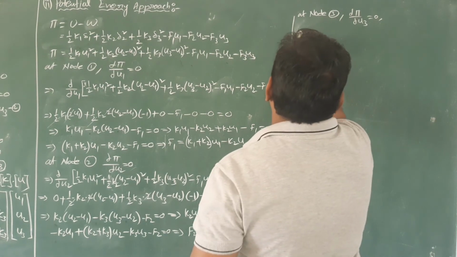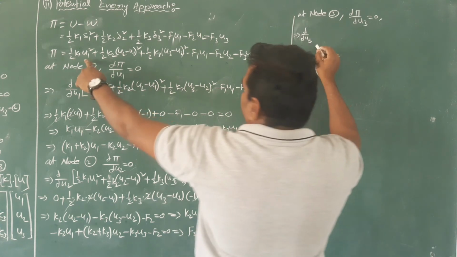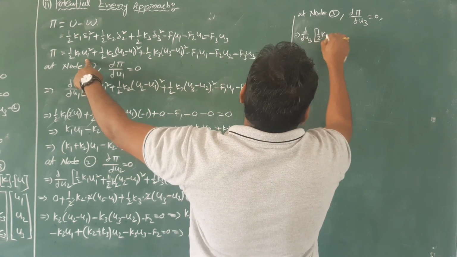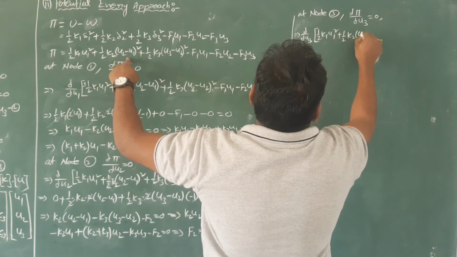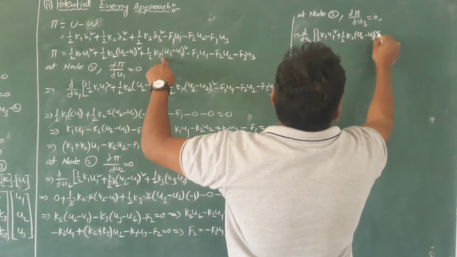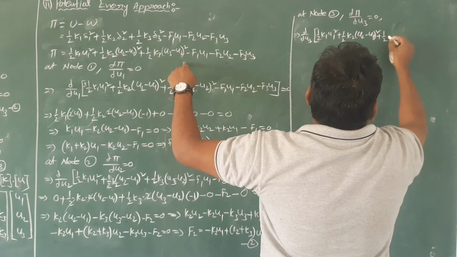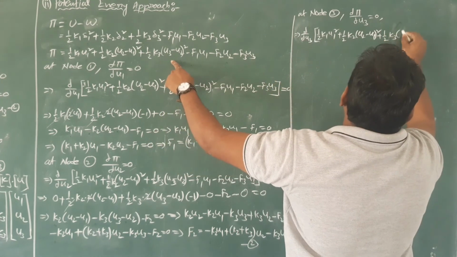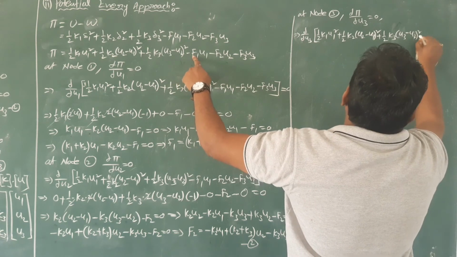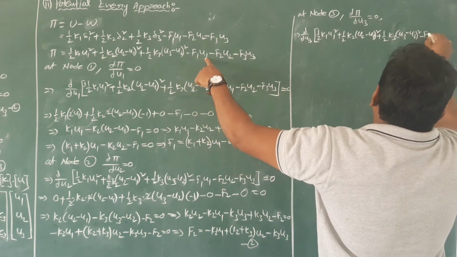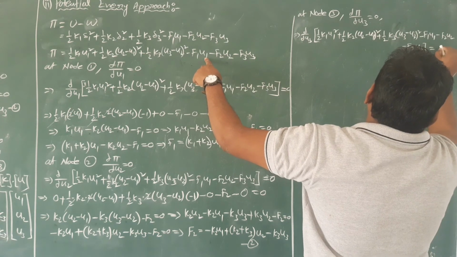So now dou by dou u3 of pi, whose value is 1 by 2 k1 u1 square plus k2 (u2 minus u1) whole square plus k3 (u3 minus u2) whole square minus f1 u1 minus f2 u2 minus f3 u3, is equal to 0.